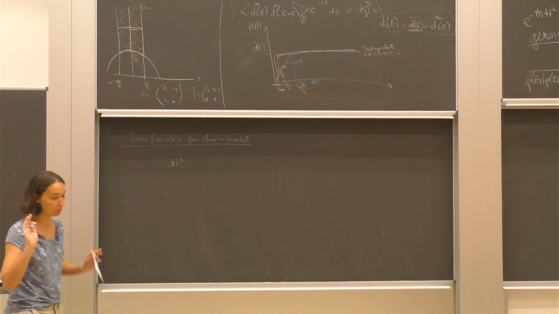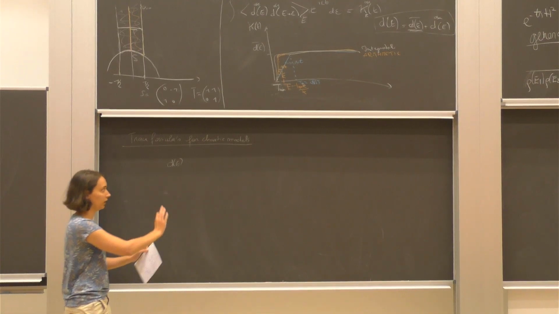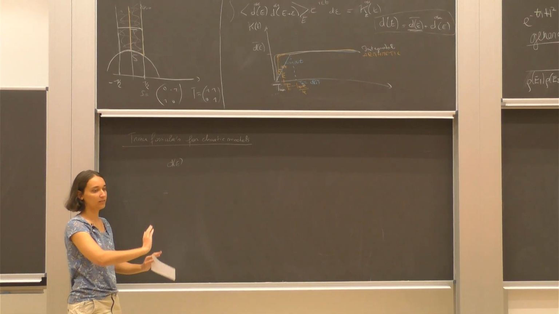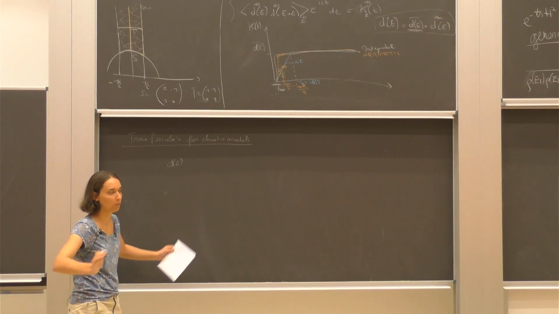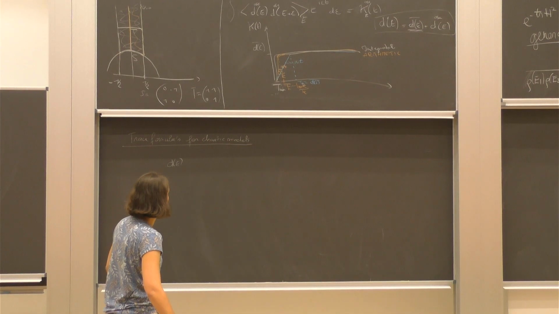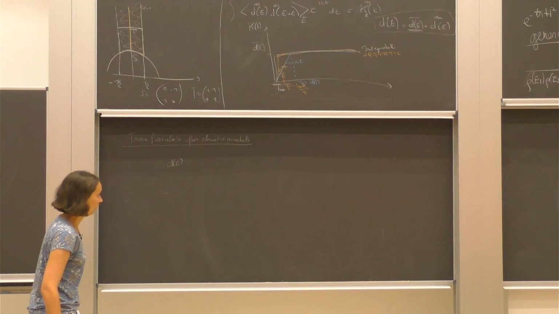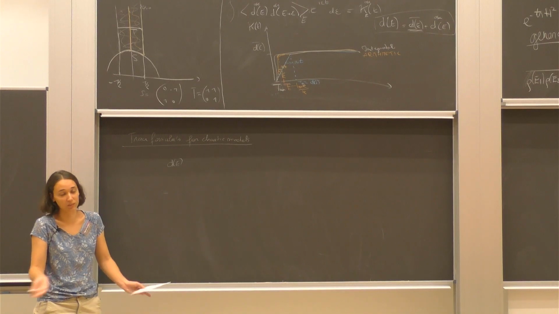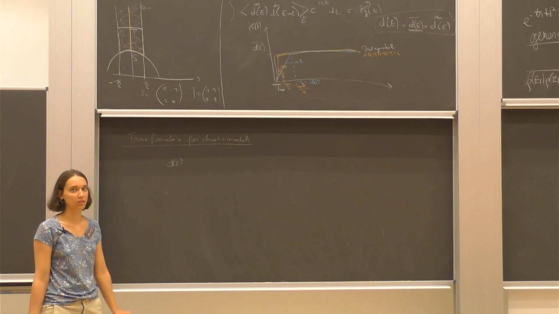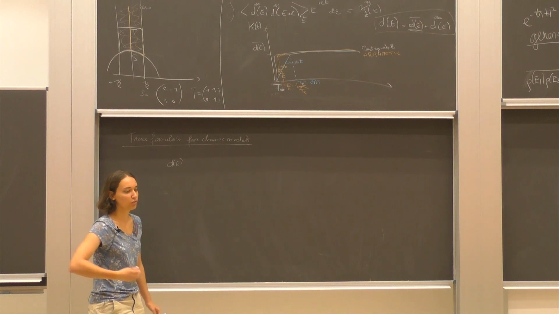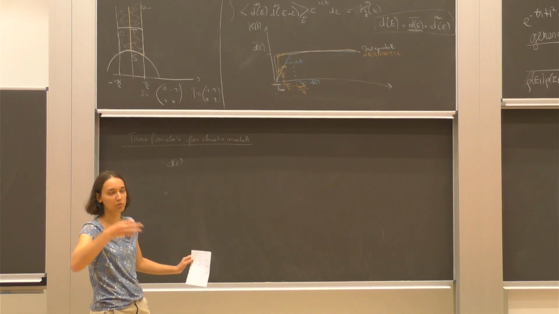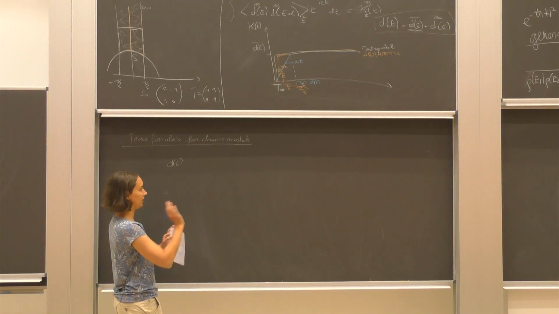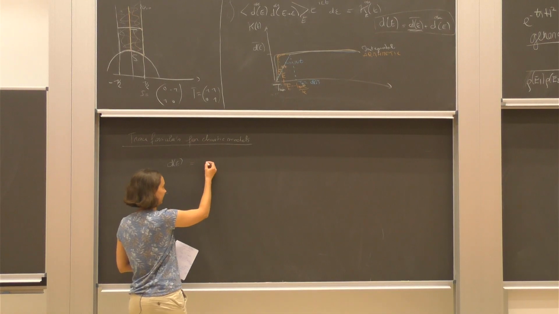But it is important to remember that while you can derive it, it's only valid semi-classically, so at high energies or small Planck constant. The reason is that it was derived using lots of stationary phase approximations, where you assume the Planck constant is small, and so on.